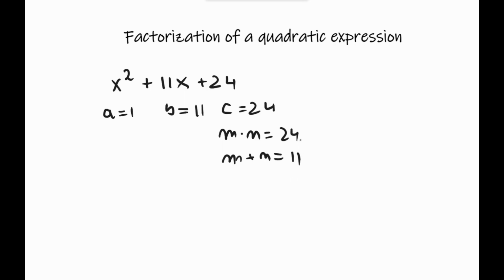Well, we know from the multiplication table that 24 can be written as 1 times 24 or 4 times 6 or 3 times 8. And 3 times 8 is quite good because the product of 3 and 8 is 24 and the sum of the two factors 3 and 8 is 11.